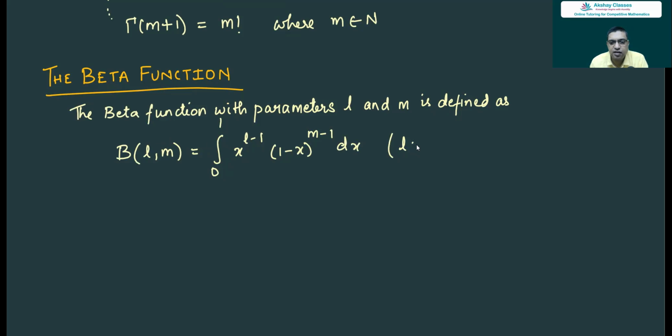Here L is greater than 0, comma M is greater than 0. So this is the definition of the beta function.